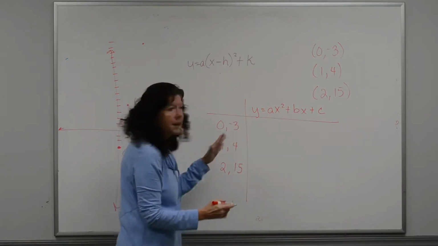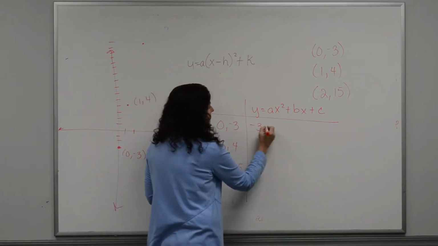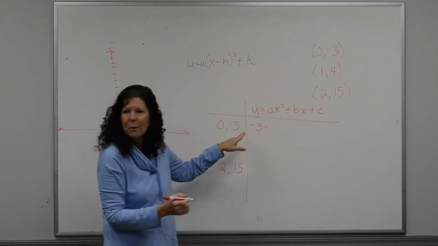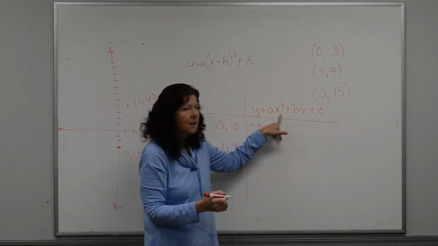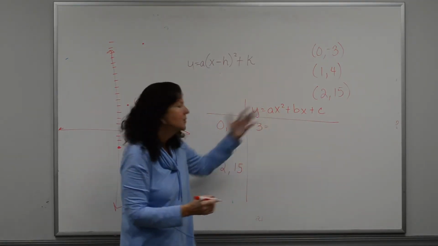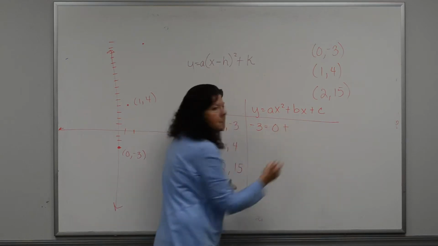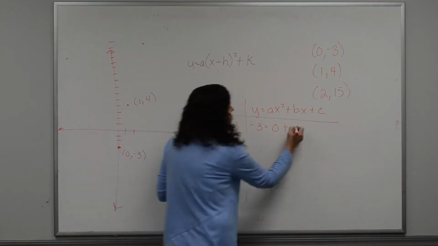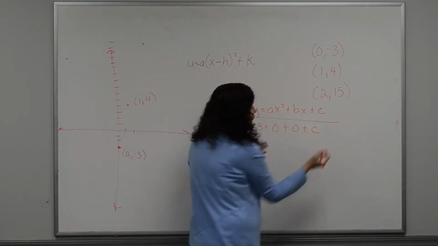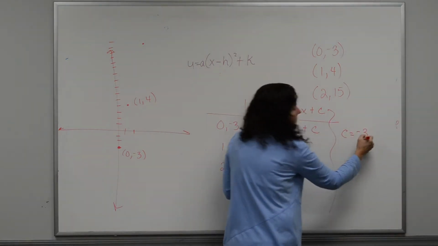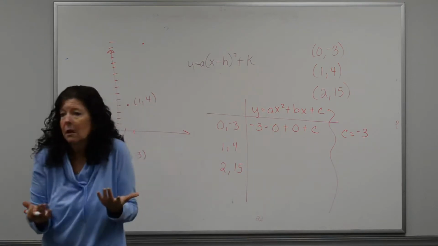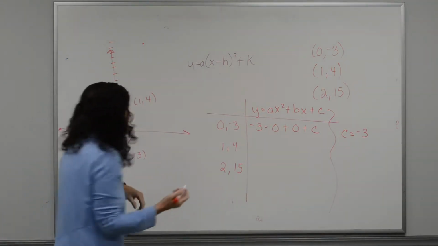All right, so I'm plugging in -3, but then look what happens. Everywhere I have an x, I substitute a 0. What's a times 0? 0. What's b times 0? 0. So then I just have this. Guess what? I already know what c equals. C equals -3. Okay, so that makes life a little bit easier here.